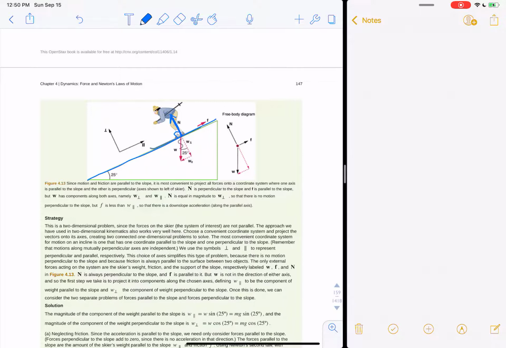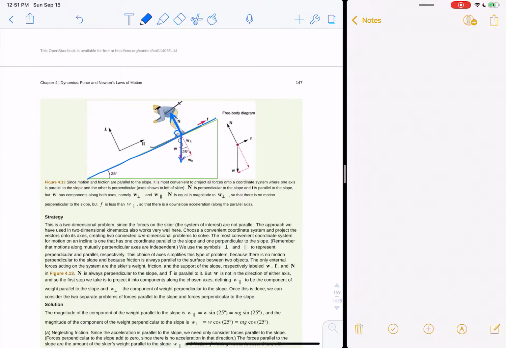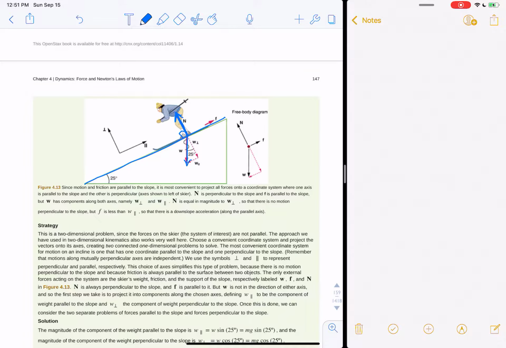Again, it's where's the right triangle? So this is your weight, and there's your normal force. What we usually do for these problems is rotate the coordinate system, so that instead of having a coordinate system that looks like this, where your motion has x and y components and your acceleration has x and y components, let's rotate our coordinate system so our x and y are here.